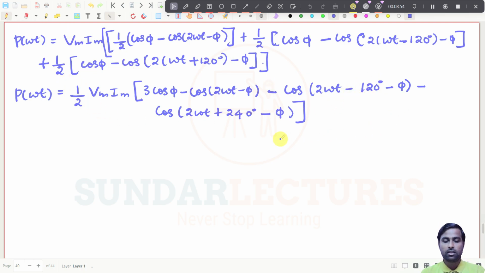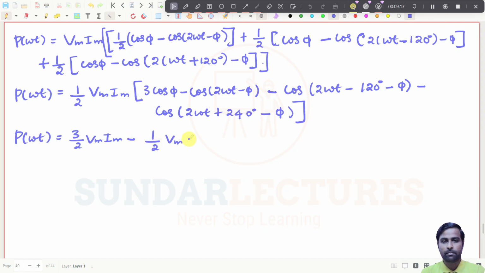So now this is the equation, and if you further simplify this, P of omega t, you will get 3 by 2 Vm Im. Just simplify this. Obviously, you will get these kind of expressions.